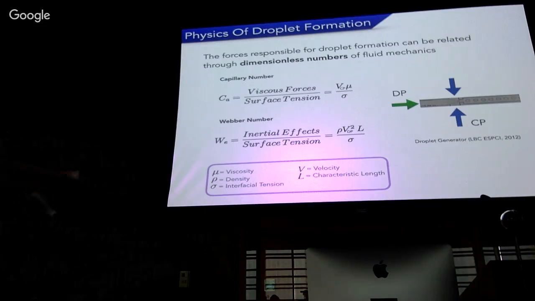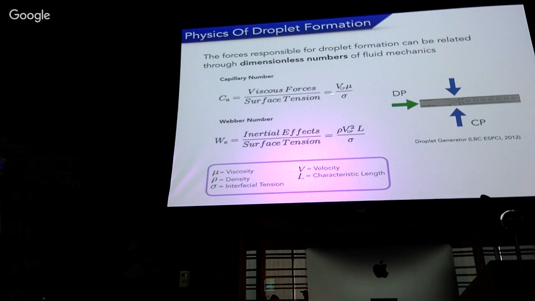There are some important forces that are responsible for this droplet formation, and you can characterize them with these two dimensionless numbers. The first one is the capillary number, and this capillary number relates the viscous forces of the continuous phase, which is this one here, to the interfacial tension between the two liquids.